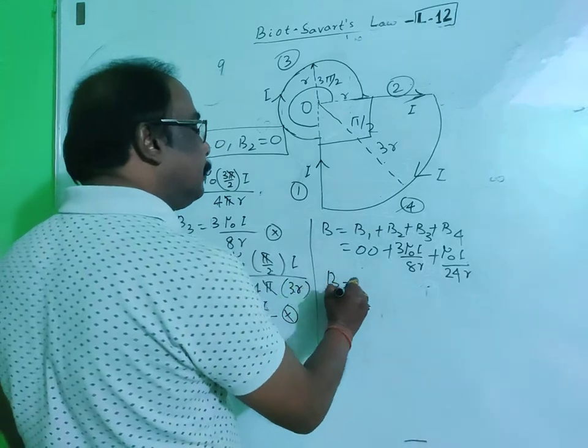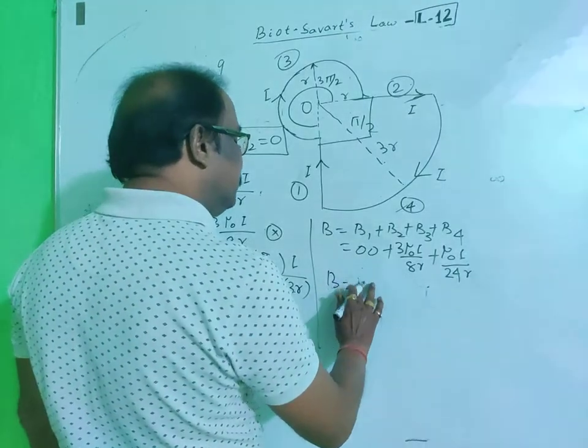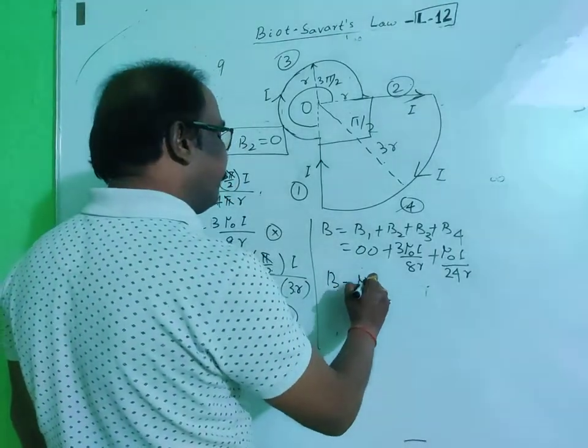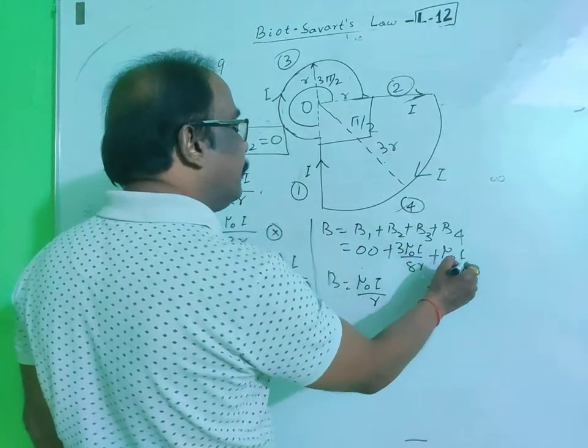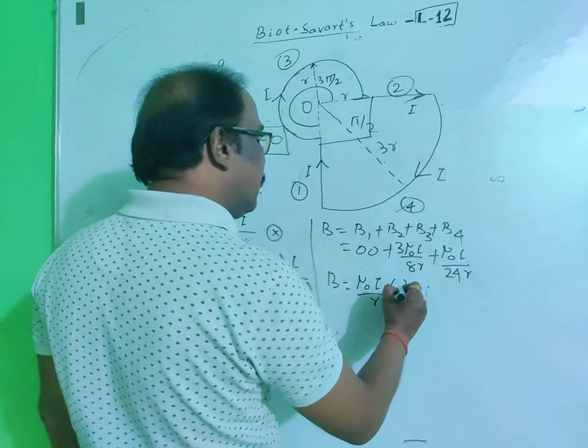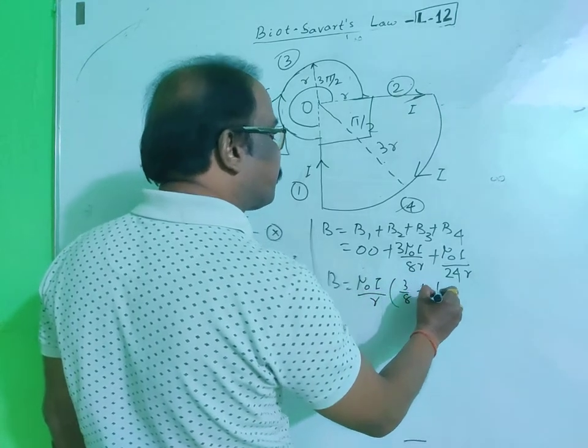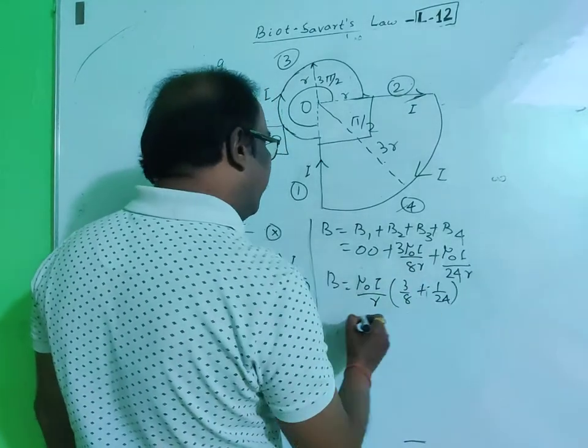Then B is equal to mu naught I by R, and inside the bracket 3 by 8 plus 1 by 24.